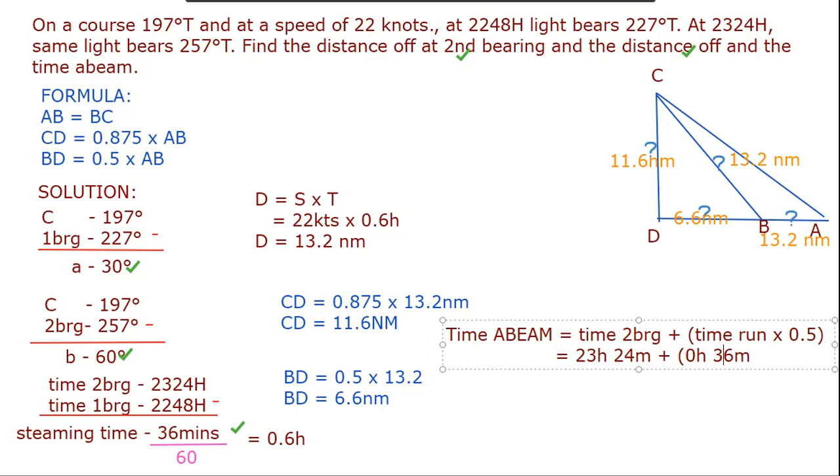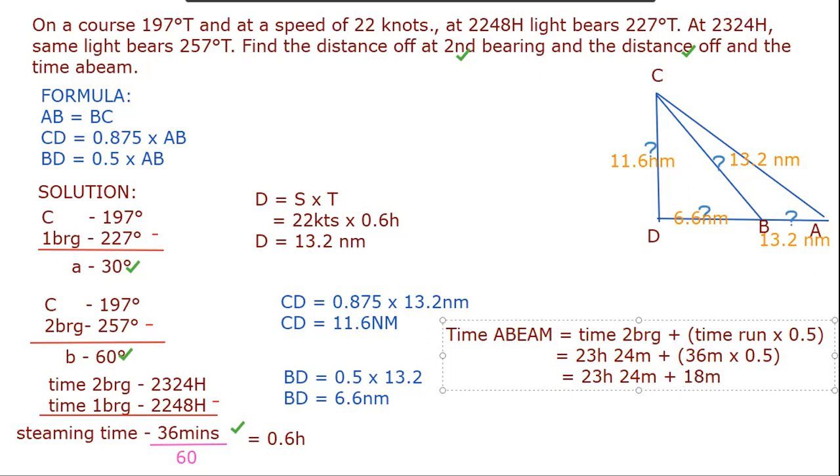So, yan. 36 minutes na lang. Alam nyo na yan. So, times 0.5, which is constant. So, 23 hours, tapos 24 minutes, i-add natin. So, 36 times 0.5, so the answer is 18 minutes.